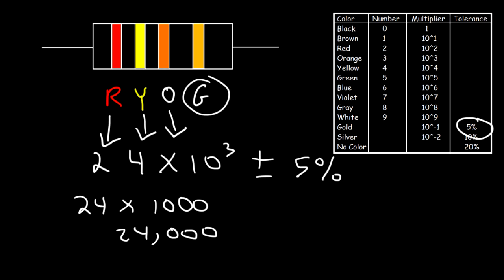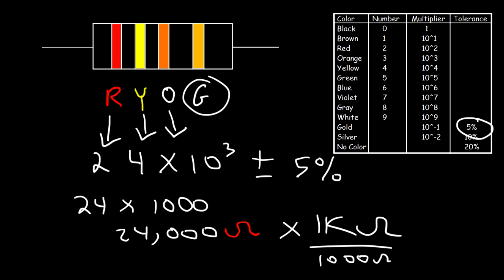It's 24,000 ohms. Now, because this number is so large, let's convert it to kilo ohms. To convert it to kilo ohms, just divide by 1,000. 1 kilo ohm is equal to 1,000 ohms. So therefore, this is about 24 kilo ohms plus or minus 5%.